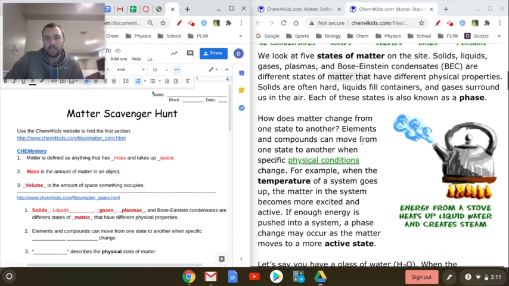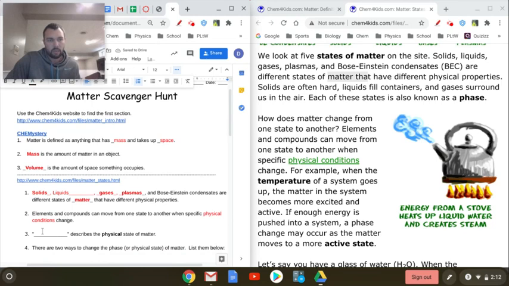Elements and compounds can move from one state to another when specific physical conditions change. So that's the answer here. Physical conditions. Highlight that all. Change that to red. Boom.